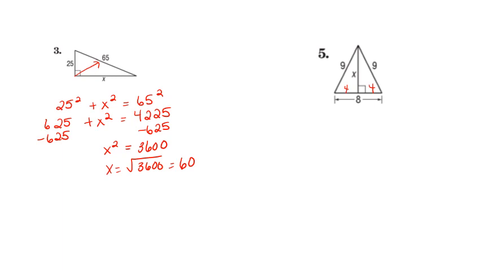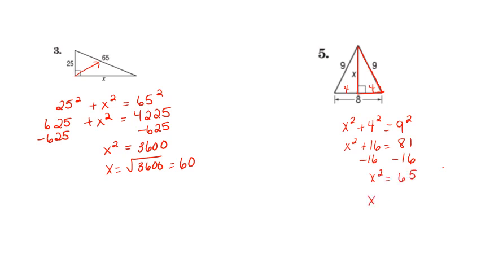If I want to find x, now I have this right triangle here where the hypotenuse is 9. The leg I don't know, and the leg I do know. So I'm going to do x squared plus 16 equals 81. I squared those. Subtract 16. And I get 65.